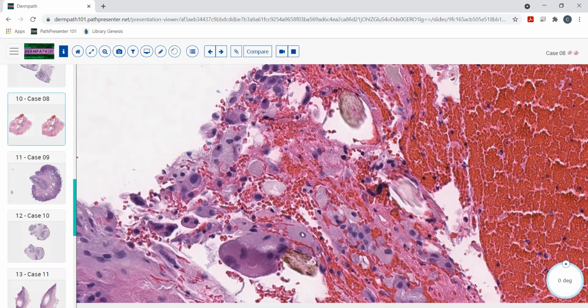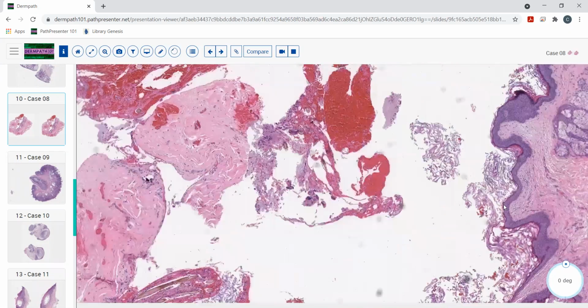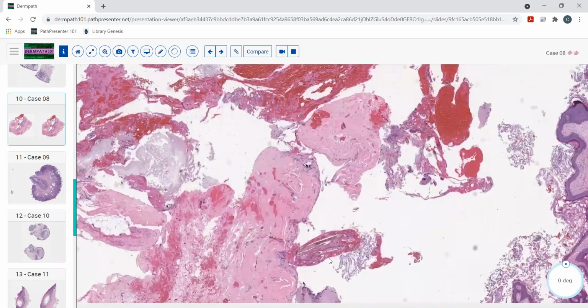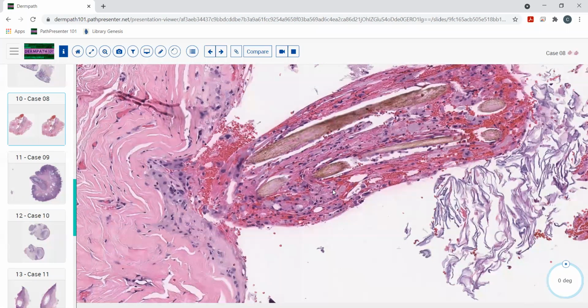Here you've got a larger, more stratified squamous lining with cornified material in it, not that sort of squames that we saw a minute ago. You've got these inflammatory cells, you've got these multiple large terminal hair shafts, and you've got sebaceous lobules. So really this is almost like a hammer toe, where you've got multiple lines of things going on here. And it's very common to get these large numbers of relatively large hair shafts in these lesions.